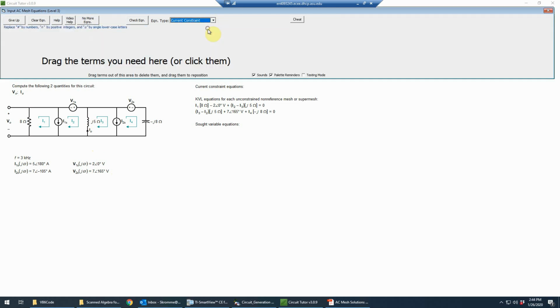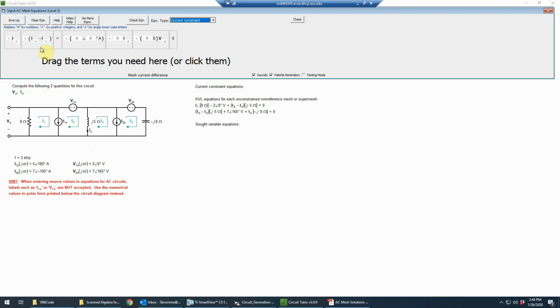So let's write the current constraint equations, and let's do the I1S source first. And notice that we have two mesh currents passing through that source, namely I1 and I2. So we will need a difference of mesh currents, and that will be equal to the fixed value of that independent source.